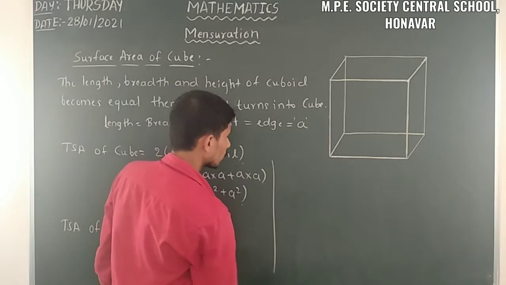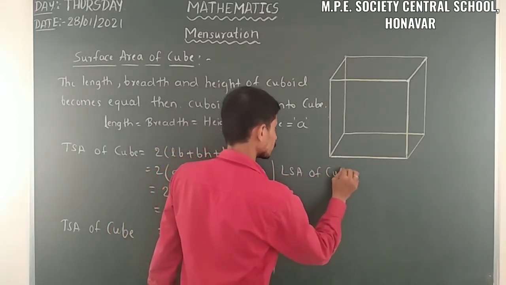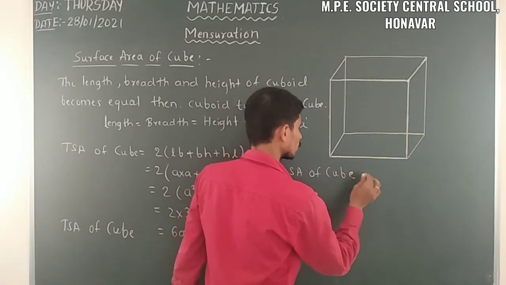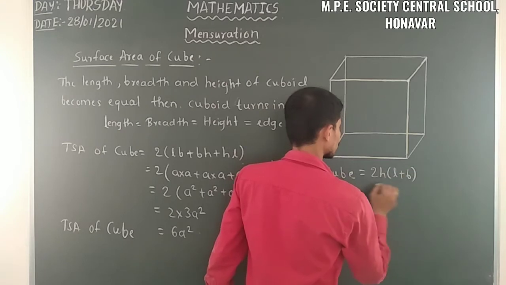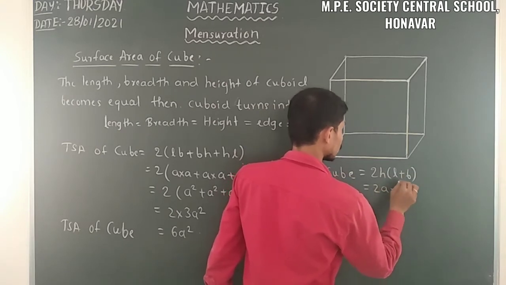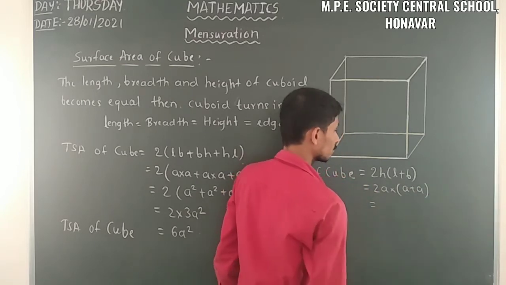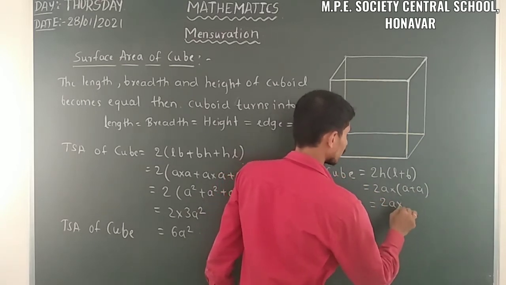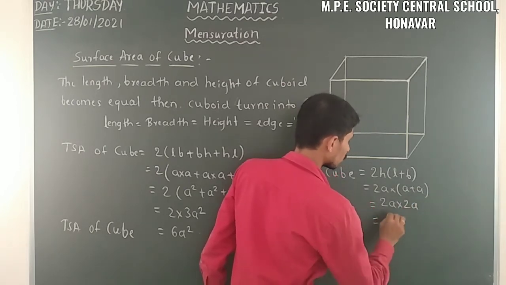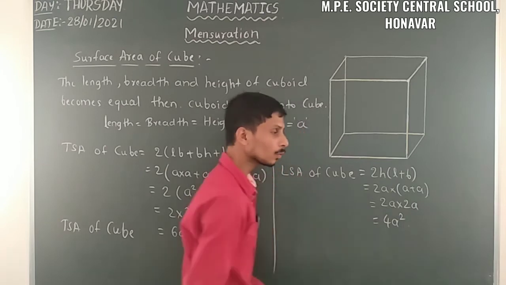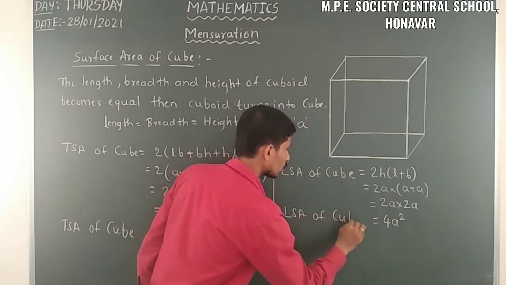So for the 4 walls, the lateral surface area of cube is equal to 2 into H into L plus B, so it is equal to 2 into A plus A, so here 2A into 2A is equal to 4A square. So 4A square is the lateral surface area of cube.